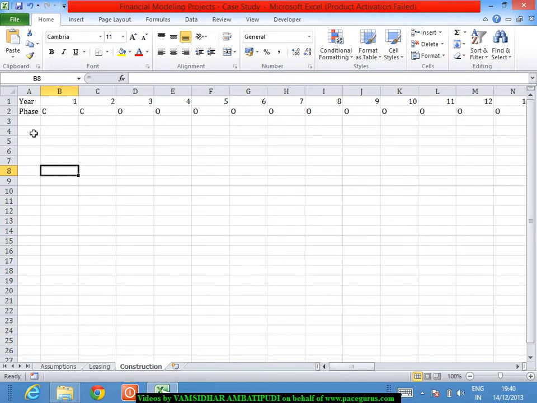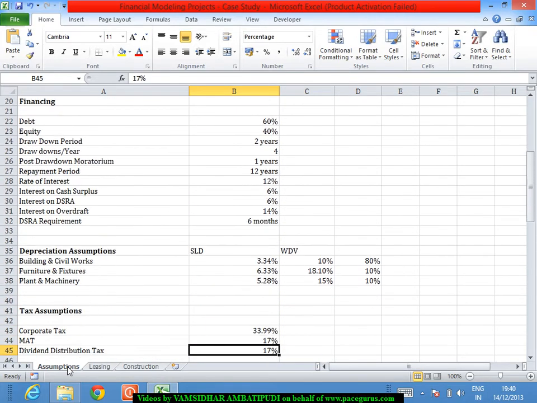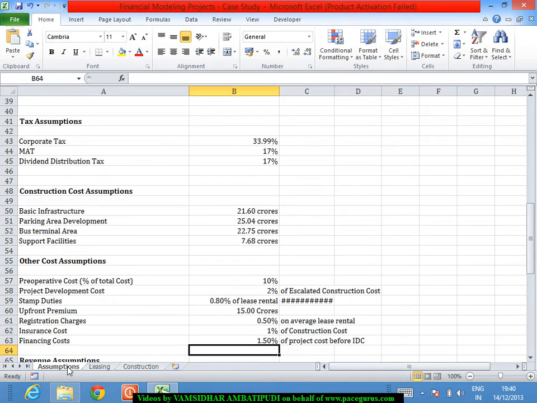Fair enough. Now I need to know what are the costs that are incurred in each of the cases. If we go here, these are some of the costs that are applicable for the first 2 years of the project.